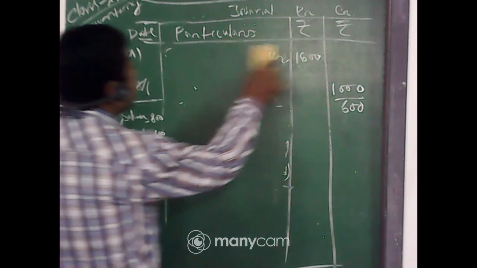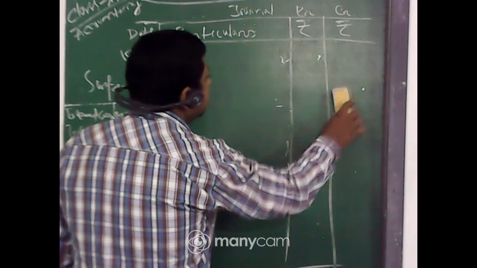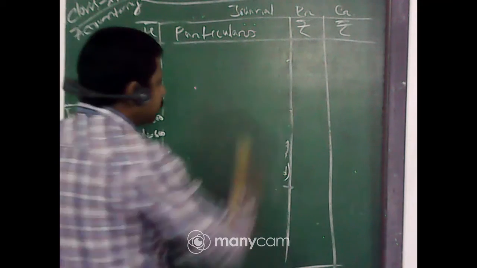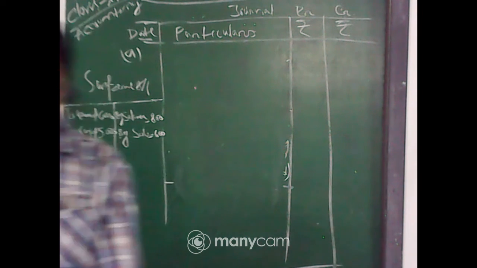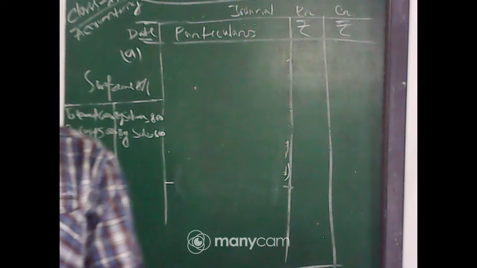Now come to the next entry. The next entry is that depreciation provided on machinery rupees 3000 was posted to machinery account as rupees 300. Depreciation chapter is not yet started by us, but in the next chapter we start depreciation.